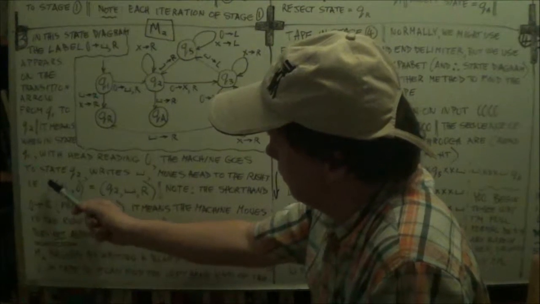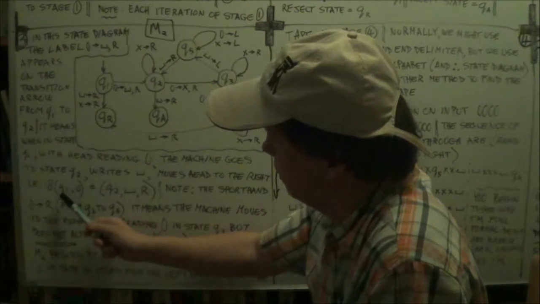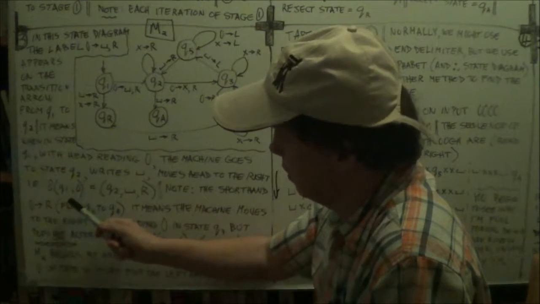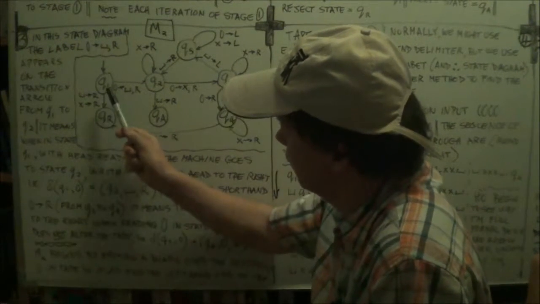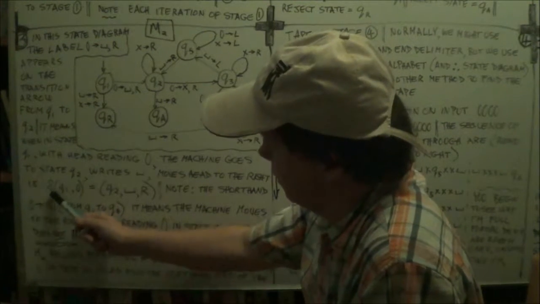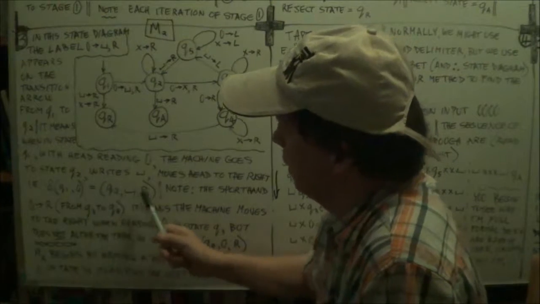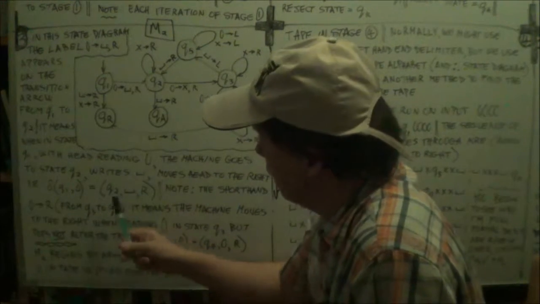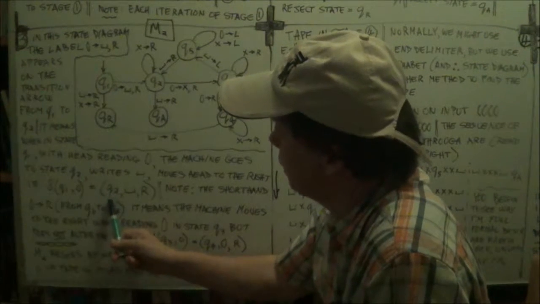So here's your delta function. Your current state is Q1, and the head is reading the symbol 0. Here's your 0. And the transition function will output a triple, like an instruction of what to do next. You'll switch to state Q2, that's the next state.